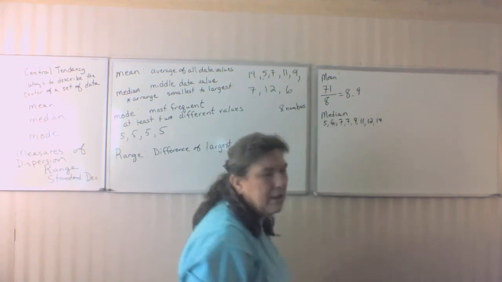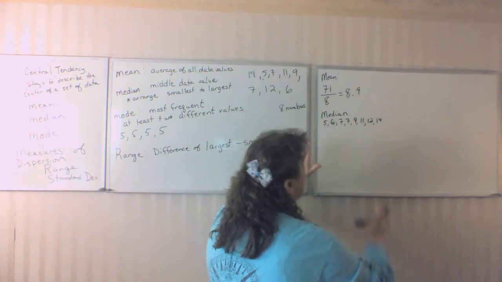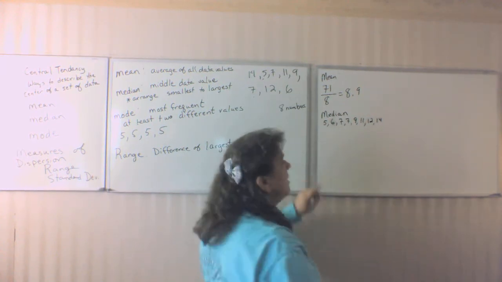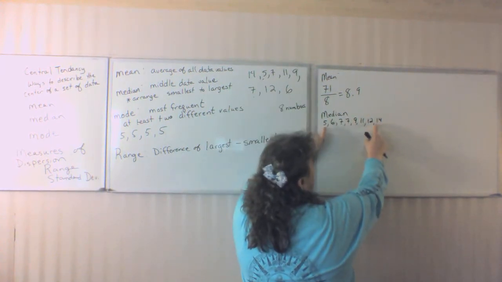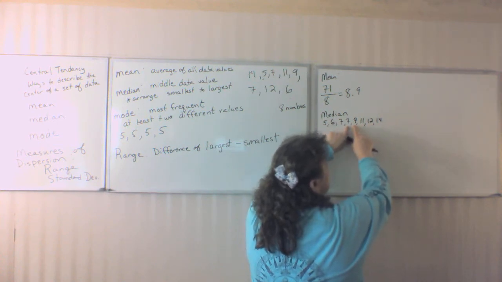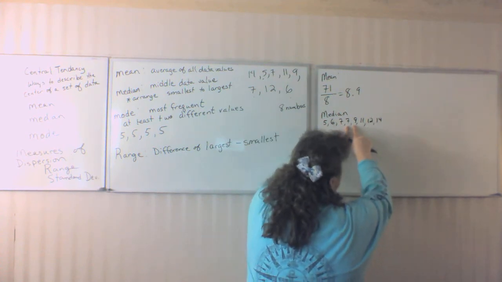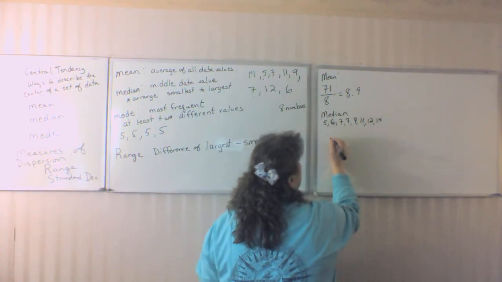Got them all. Okay, now, there's 2 ways to do this. One way, because this is a small set of data, I can put my fingers on the first and last and work in till I get to the center. In this case, because there's an even number of data points, my 2 center values are 7 and 9.